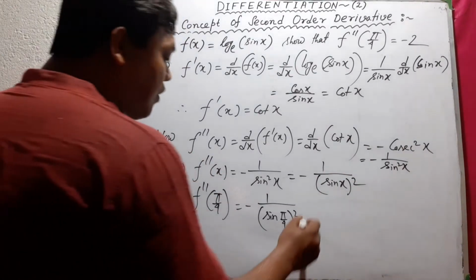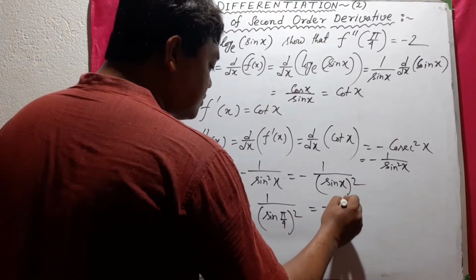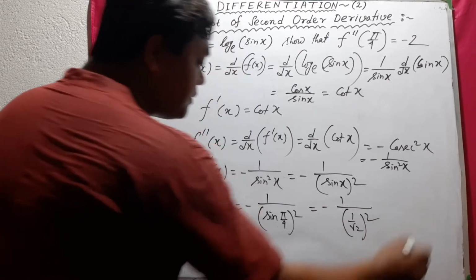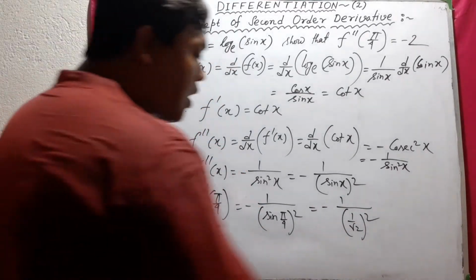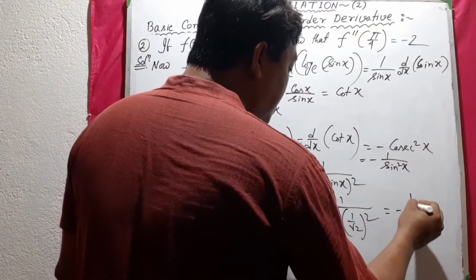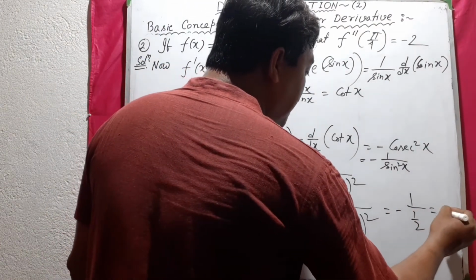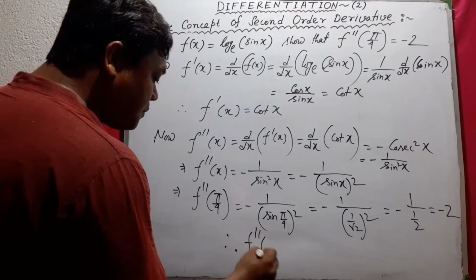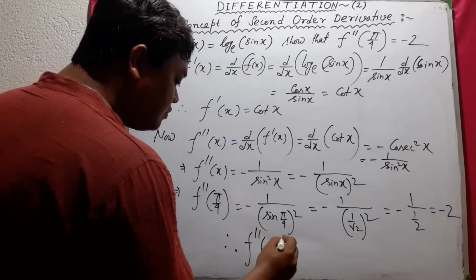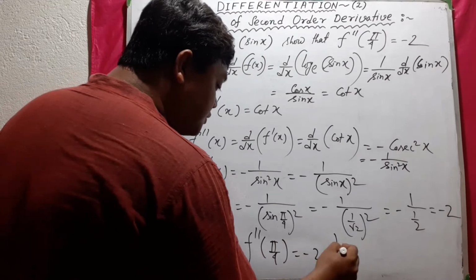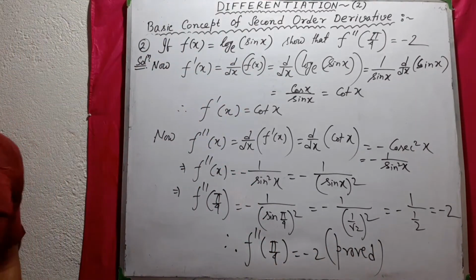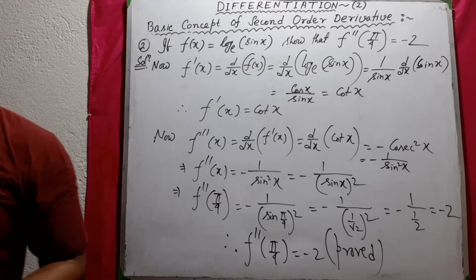Sin pi by 4 is 1 by root 2, so 1 by root 2 whole square is 1 by 2, so minus 1 by half is minus 2. Therefore f double dash pi by 4 equals minus 2, hence proved. This is what I was asked to prove. Clear?